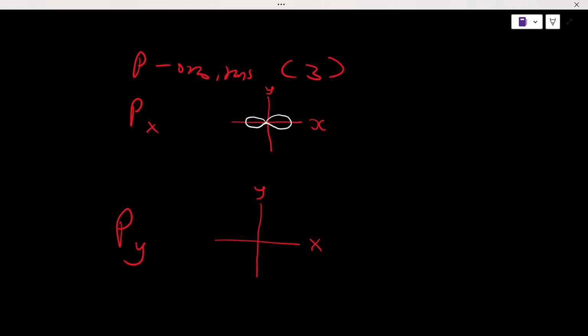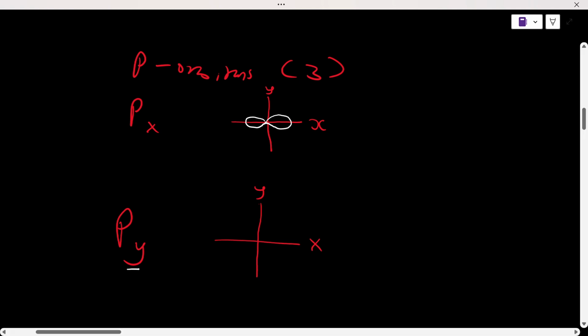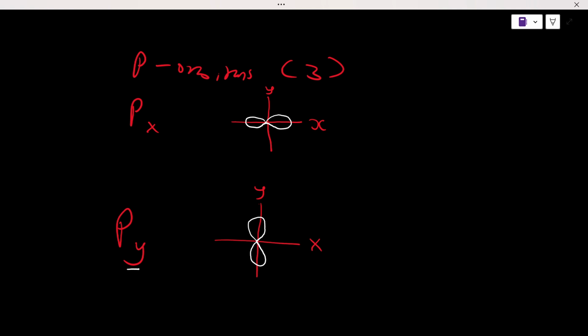So based on angular momentum number, I know very well that I'm dealing with the p orbital, and the magnetic quantum number is telling me that the orientation is now along the y-axis. And now I'm simply going to draw a dumbbell along the y-axis, and that's my py.